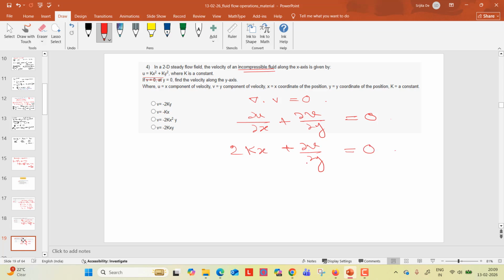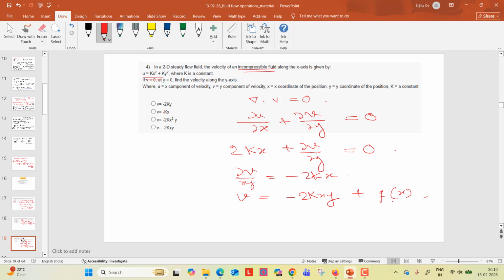So del v by del y equals minus 2kx, then v, by integration, is minus 2kxy plus f(x), like a constant basically.